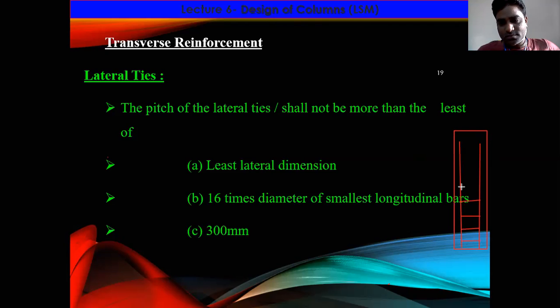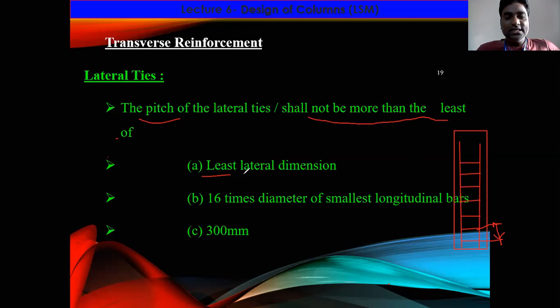I'm not that familiar with drawing with this annotation because it is not exactly coming. So the center to center distance between any two lateral ties is called the pitch, right?